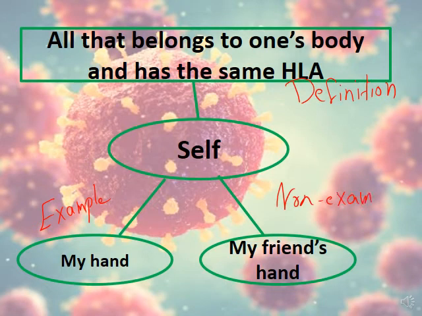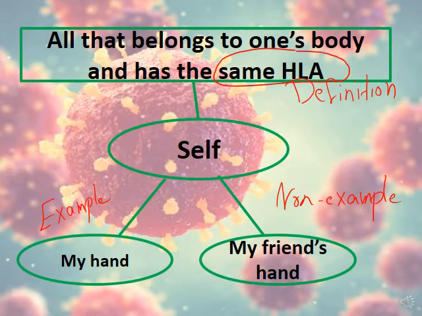Okay, so let's start first with the term self. What is the meaning of self? We said before that self is all that belongs to one's body, like my hand, my kidney, my stomach, and others. Here we added a few words: and has the same HLA.